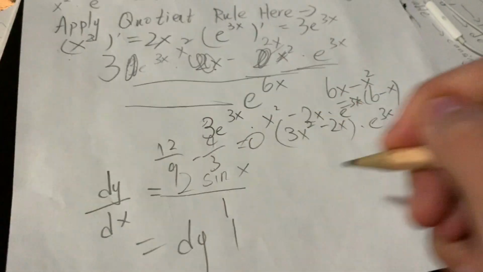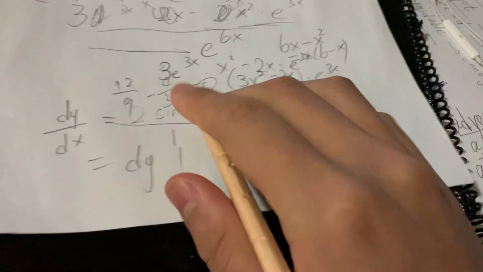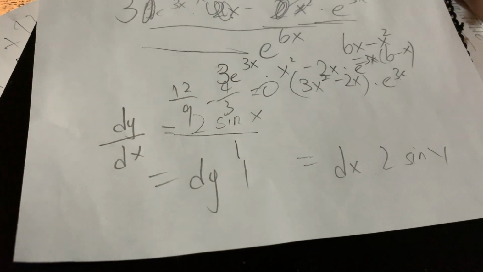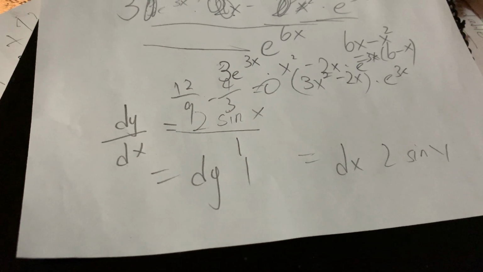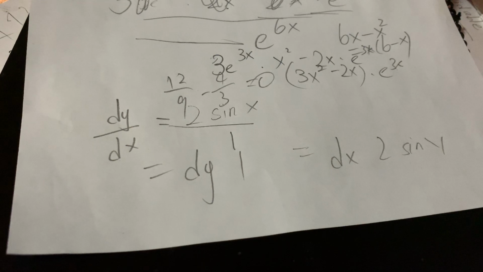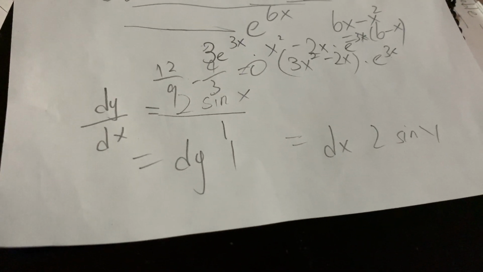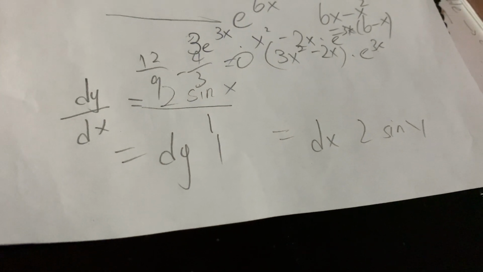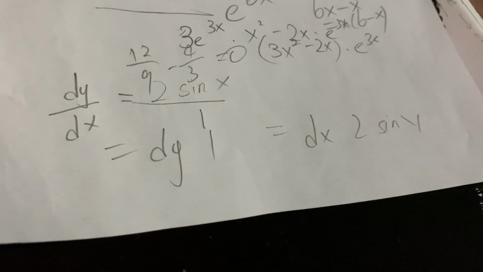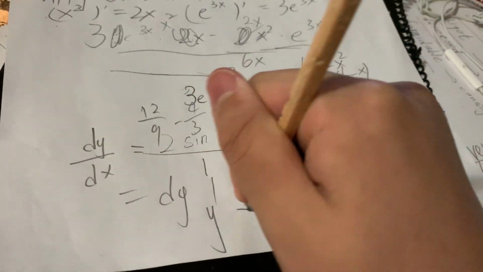So dy over dx equals 2 sine x. In this case, this is going to be y.